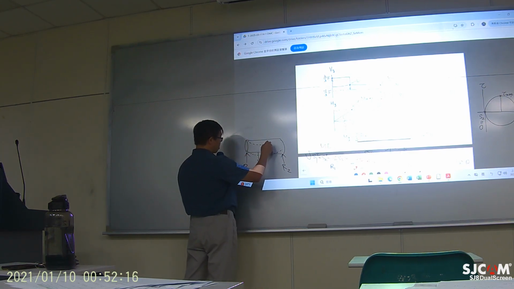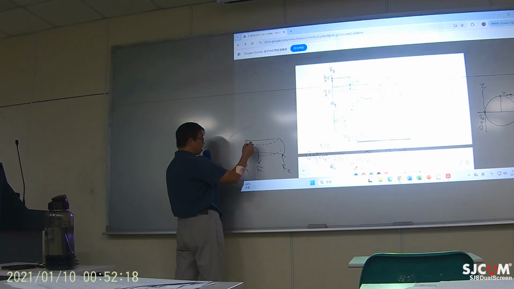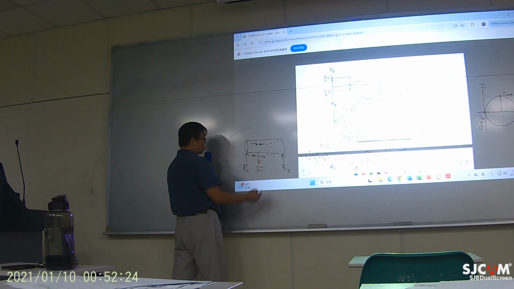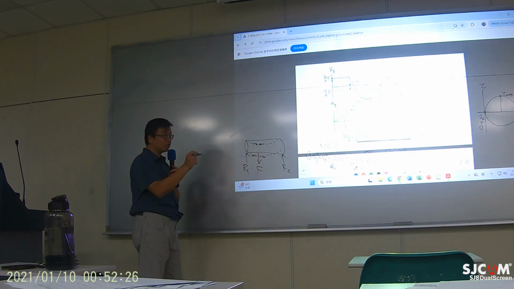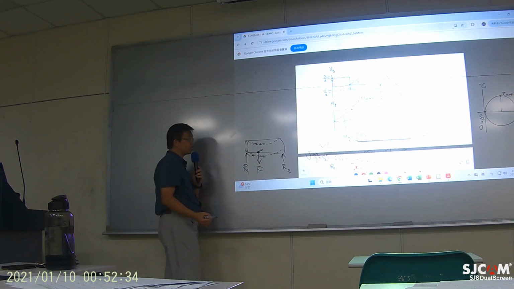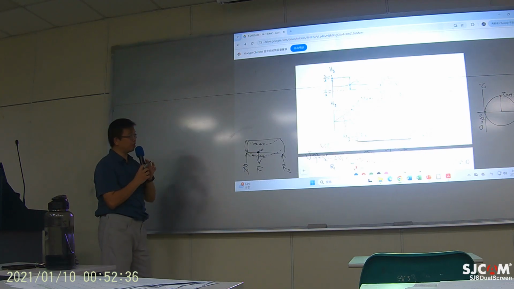Right? So you can obviously realize here is compression and here is tension. So if you want to make a drawing, here is exactly the position. That's where the material is being pulled left and right. Okay?